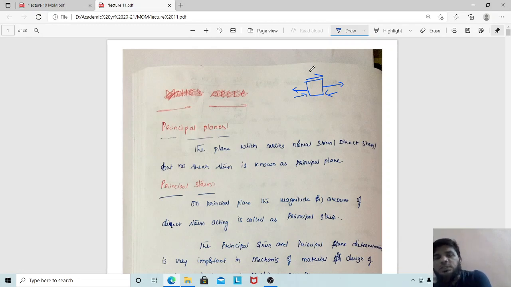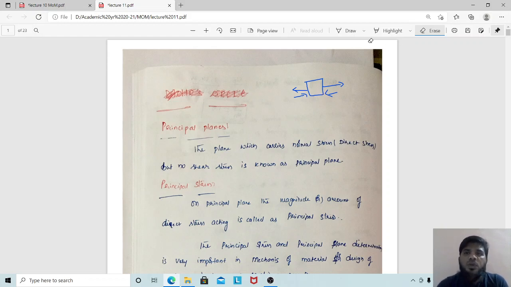Now what is this principal plane? It is nothing but the plane in which there is no shear strain. There is no shear strain, only normal force is acting on it. If only normal force acts on a plane, what happens to that plane? That plane will either expand or contract.